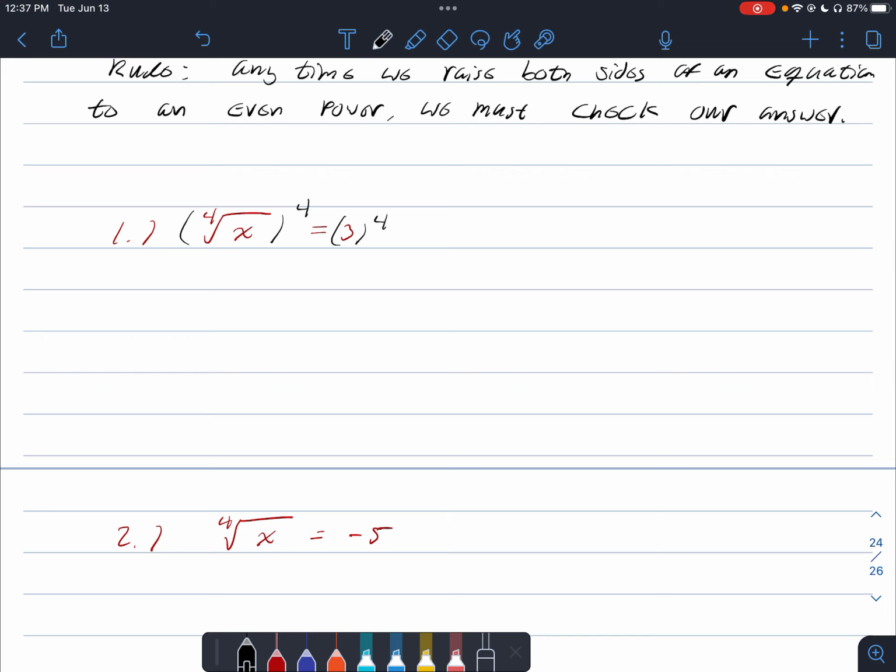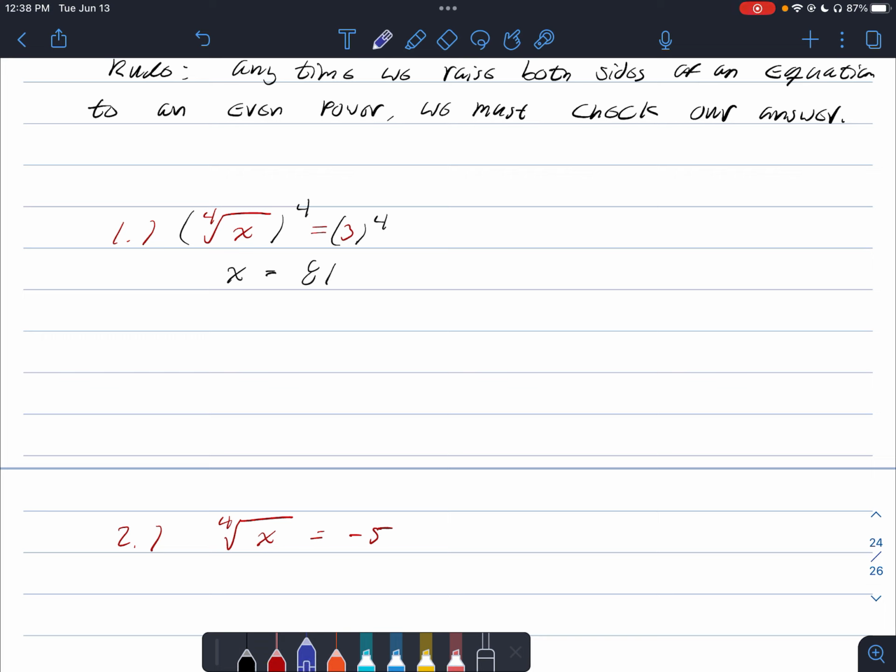So we have the fourth root of x raised to the fourth power. That'll just undo that. So we'll have x is equal to 3 to the fourth. Now, 3 to the fourth is equal to 3 times 3 times 3 times 3, and that's actually just going to be 81.